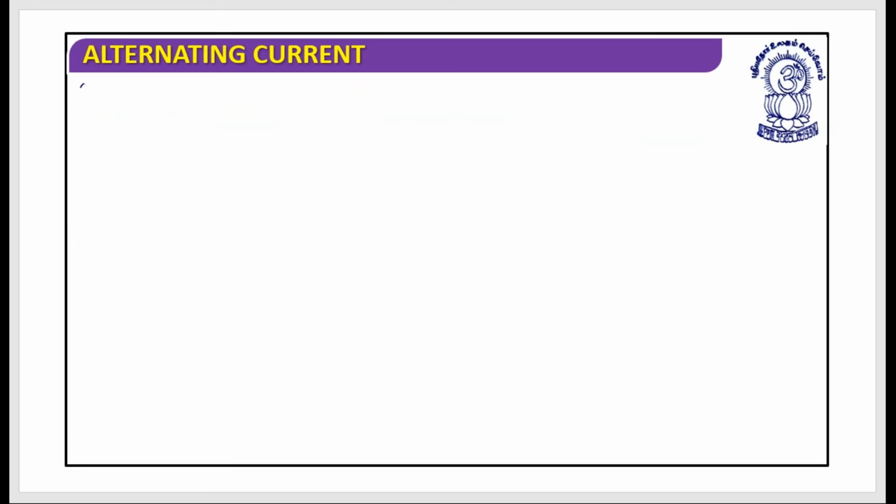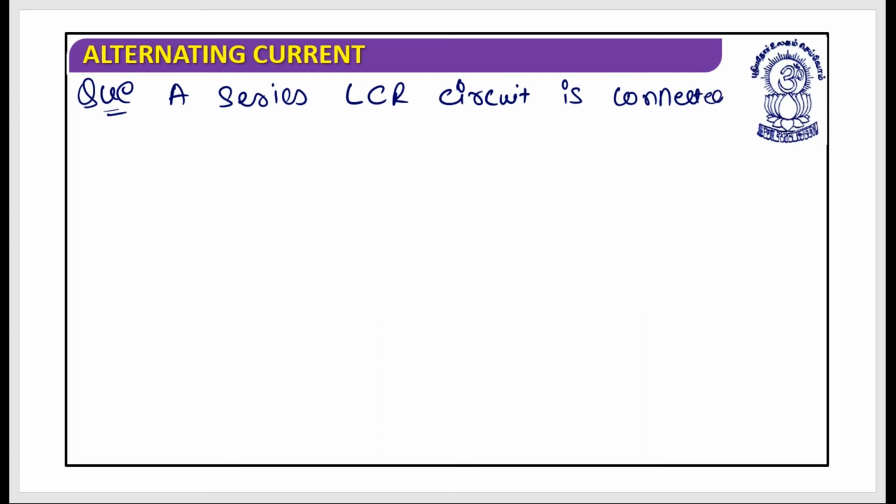Now let's look at the next question. The question says that a series LCR circuit is connected across a source of EMF.